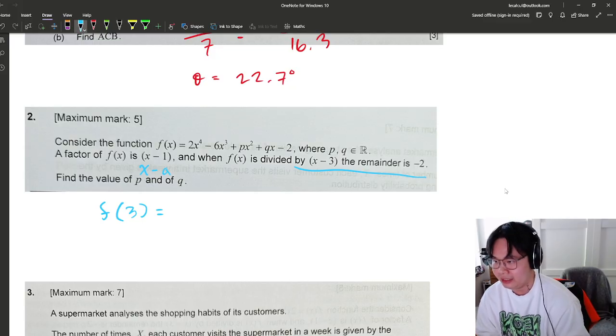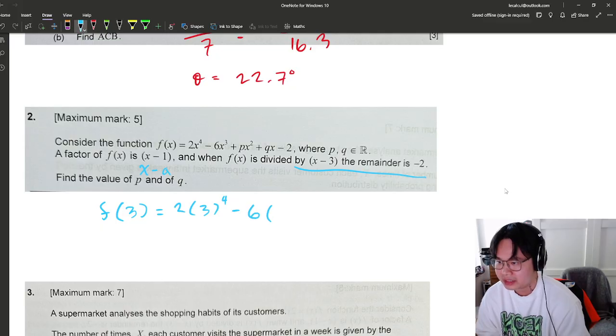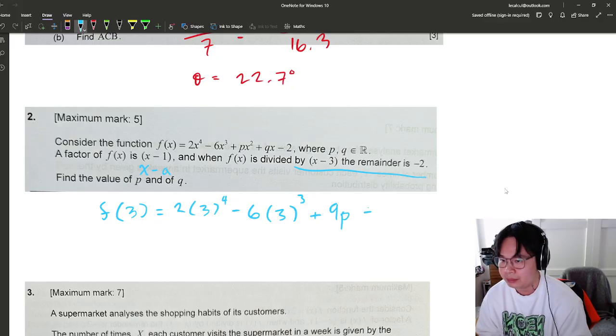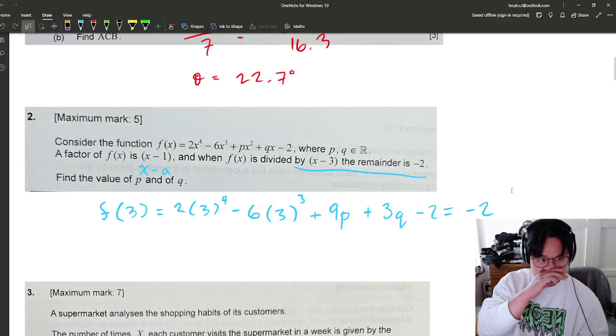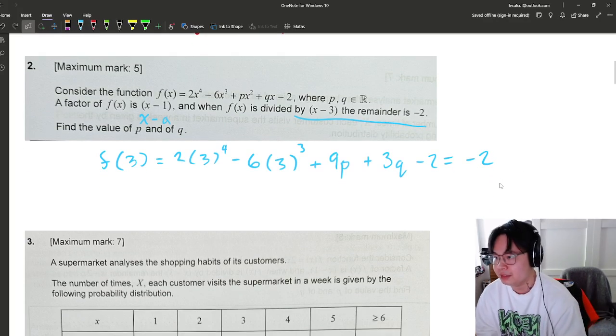So 2 times 3 to the power of 4 minus 6 times 3 to the power of 3 plus 9p, 3 squared is 9, plus 3q minus 2 is equal to -2. So that's a remainder theorem.